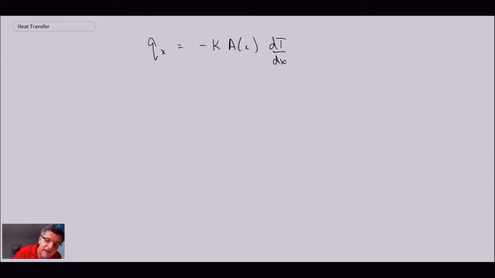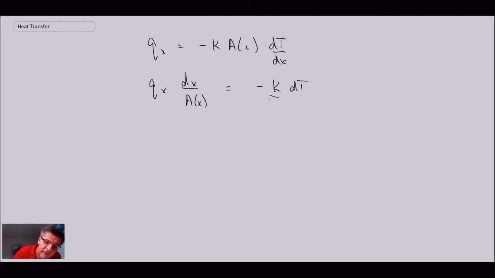Then we rearranged that and set it up to enable us to integrate. Typically, we pulled the area over to the left-hand side in the denominator, and we were left with -k dT.